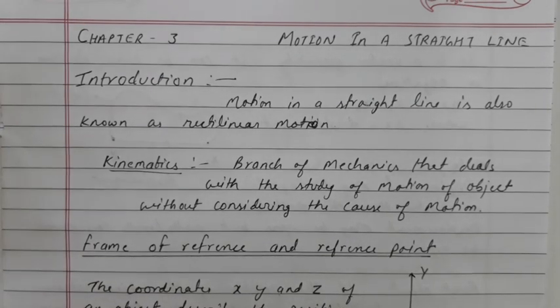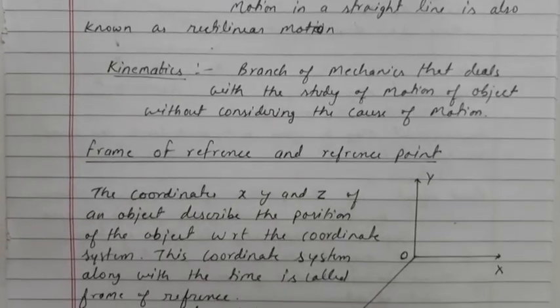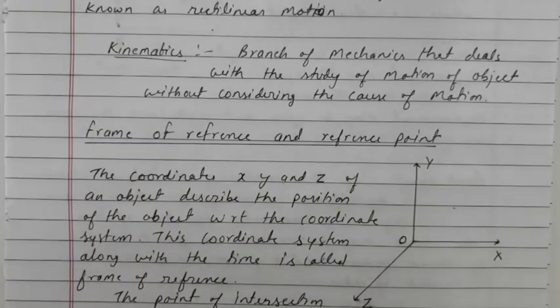Okay, so now comes the frame of reference and reference point. This is important to understand. Now what is frame of reference? I'll give one example. When we are inside a train, in the compartment everything seems to be static, but when a person standing outside the train sees the train, it is in motion. So there are two frames of reference.